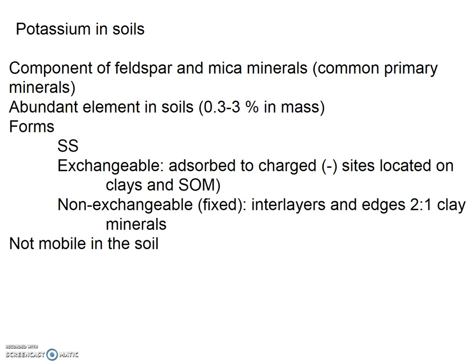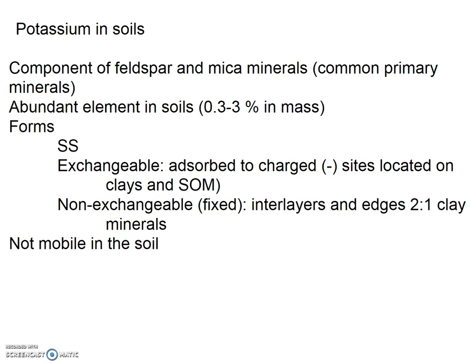We find potassium either in the soil solution or in exchangeable forms or non-exchangeable forms. The exchangeable form is adsorbed to negatively charged sites located on clays and soil organic matter. The non-exchangeable, also called fixed potassium, is caught in the interlayers and edges of 2:1 clay minerals.